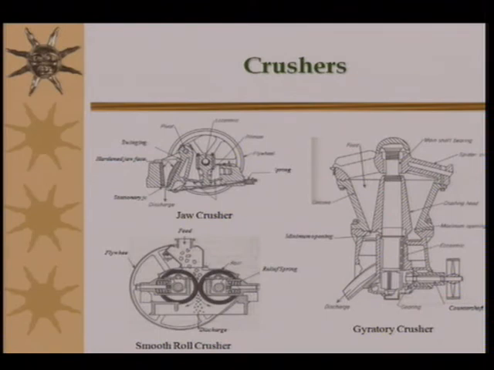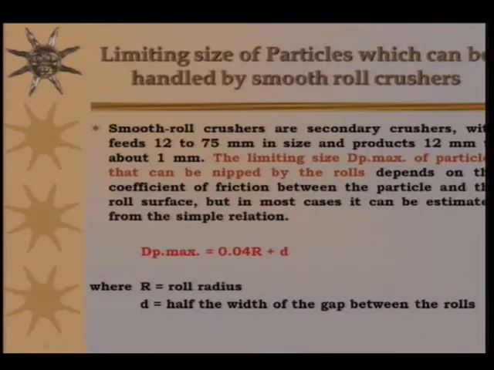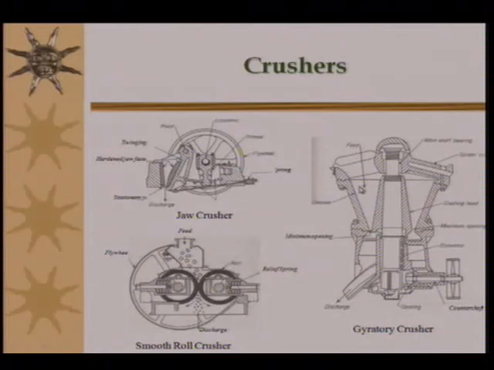Then we have got the gyratory crusher. If you see here, the gyratory crusher is nothing but a vertical model of the jaw crusher. Here again the feed is put into this annular space, and the material comes in this area.